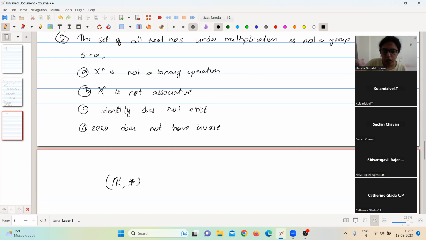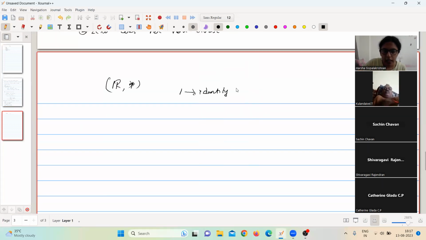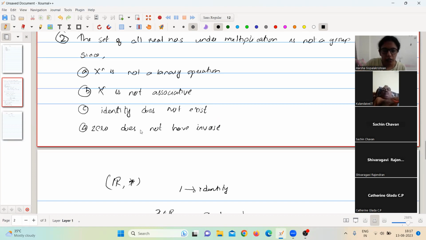Under multiplication, usually 1 will be the identity element. For any element x in R, the inverse will be 1 by x, since x into 1 by x equals 1. So 1 by x is the inverse of x. But in the case of 0, it does not have an inverse. All the other conditions you can check. So option D is the correct answer here.